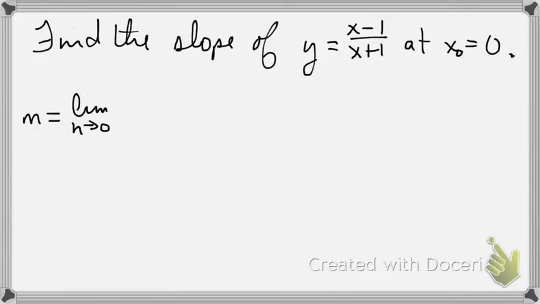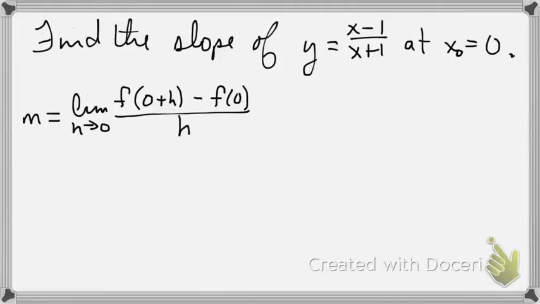Only in this case, what is x? So it's the limit as h approaches 0 of f of 0 plus h minus f of 0 over h. Do you see how I set up that definition?